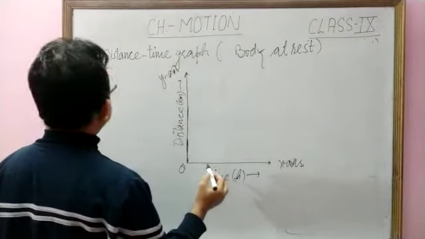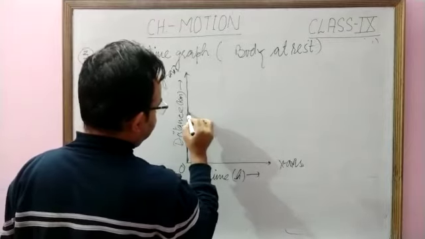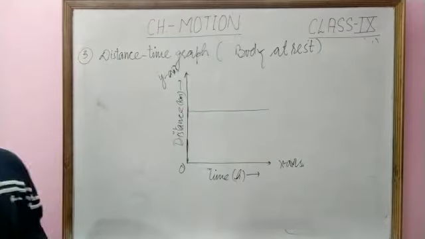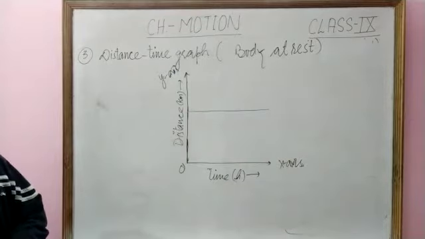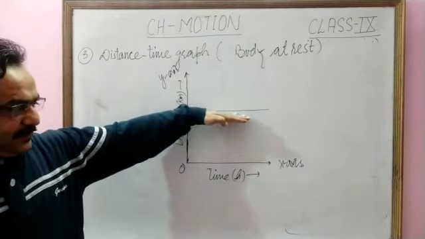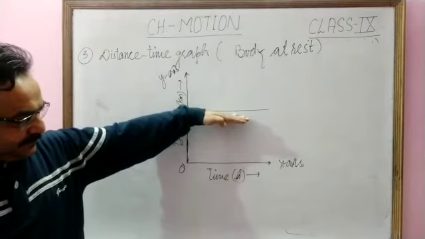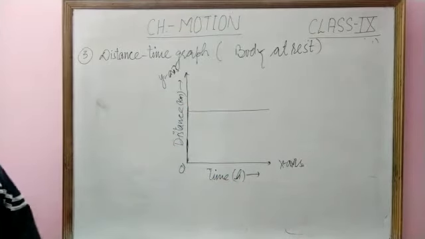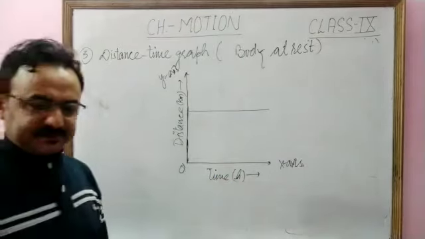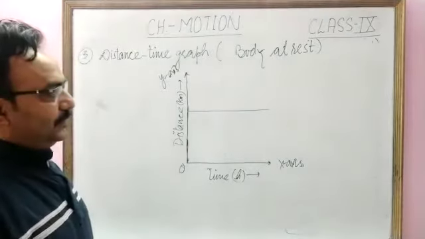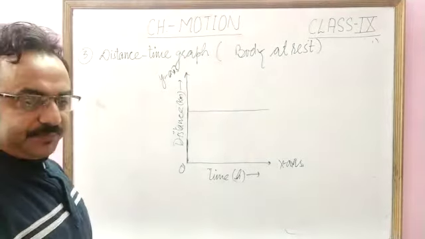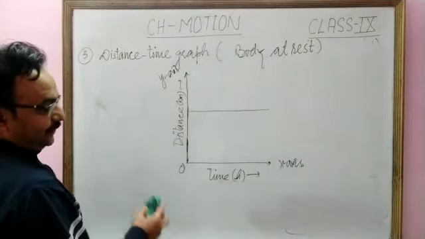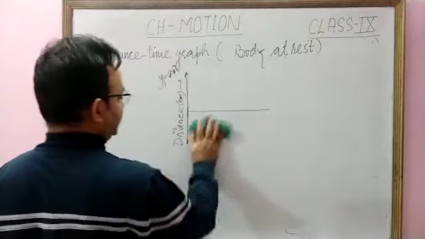In this case, you will get the graph like this. The final result is a line parallel to the time axis, or x-axis. Clear? So you have to keep in mind how to draw the graphs in different conditions.